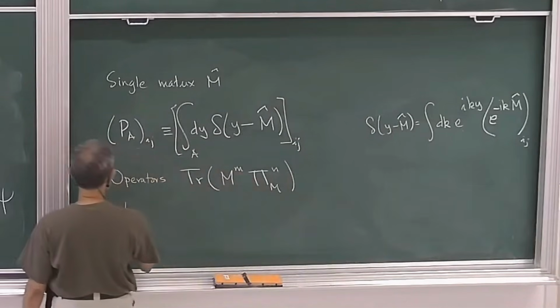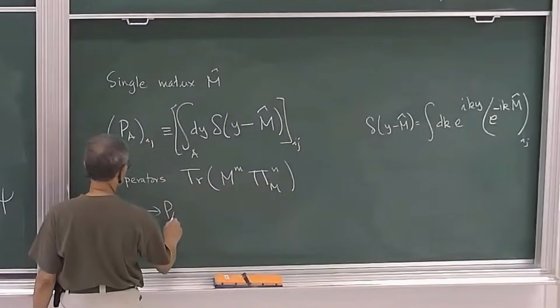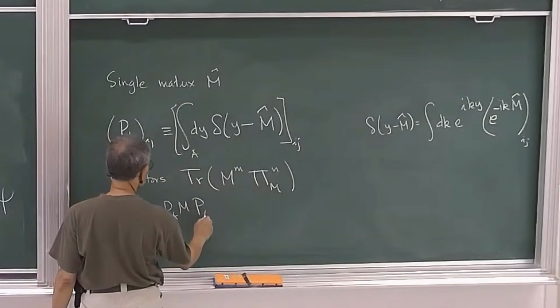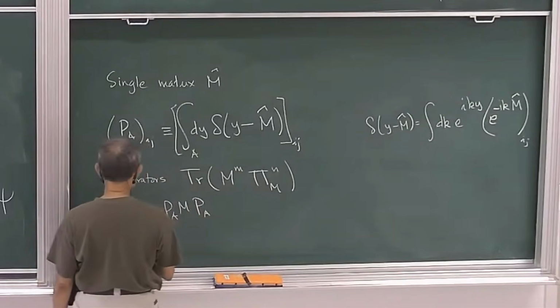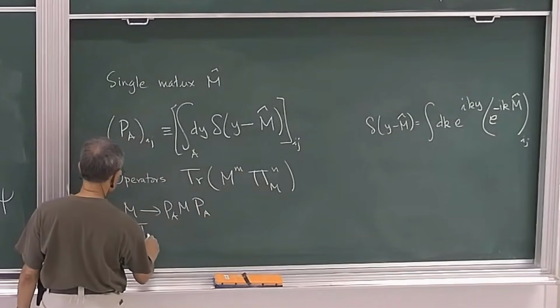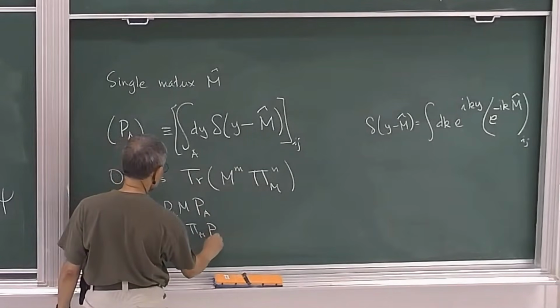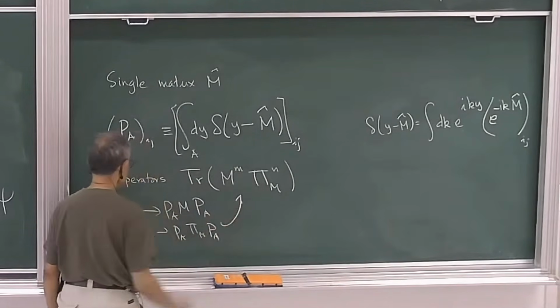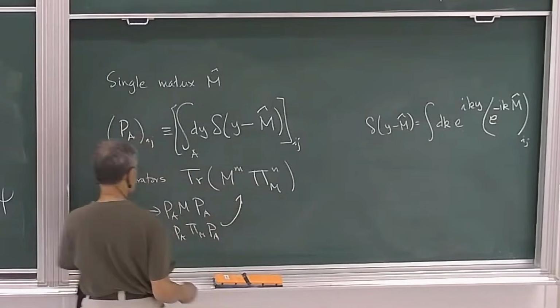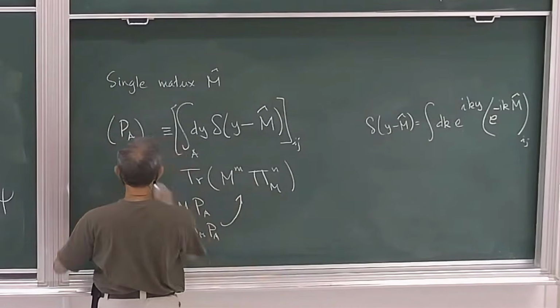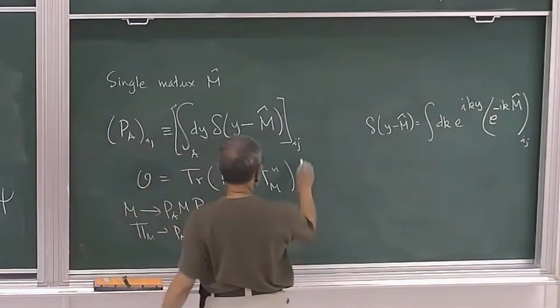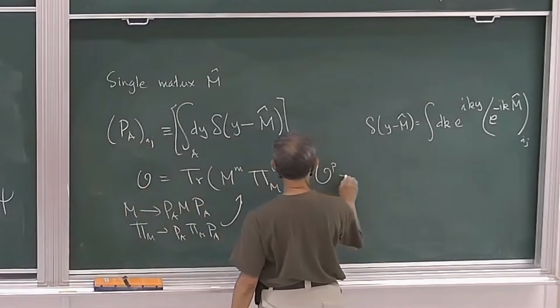So you replace each M by P A M P, get a new object, and each pi M by P A pi M P. Stick it in. What you get with some operator O is a projected operator.